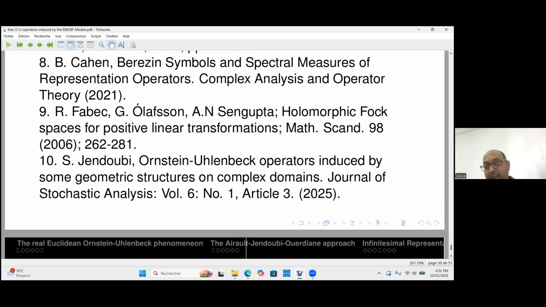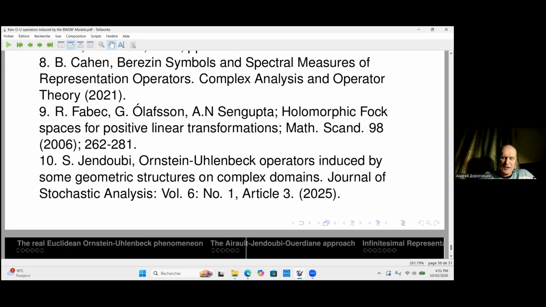Actually, I haven't seen this work of Nelson. I think it will be useful. Even I think that initially in Berezin's book, the method of second quantization, you can find something mentioned about the Ornstein-Uhlenbeck semigroup and its properties in any Fock space. This is the first question.